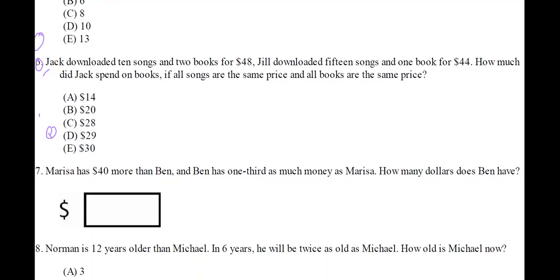Yes, done with these two. One second. I should also do 6. Yeah, sorry.